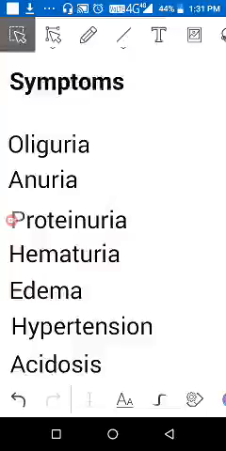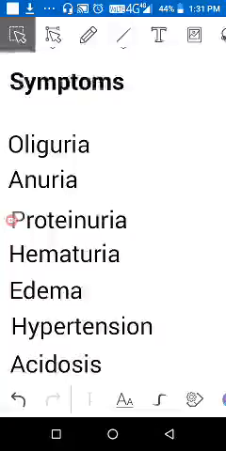If the filtration is not taking place properly, even the RBC can filter into the urine. Otherwise, it can be caused by kidney stones. You know that kidney stones, while passing through the ureter, can cause bleeding. And also urinary tract infection. In all these cases, we can find the presence of blood in the urine.